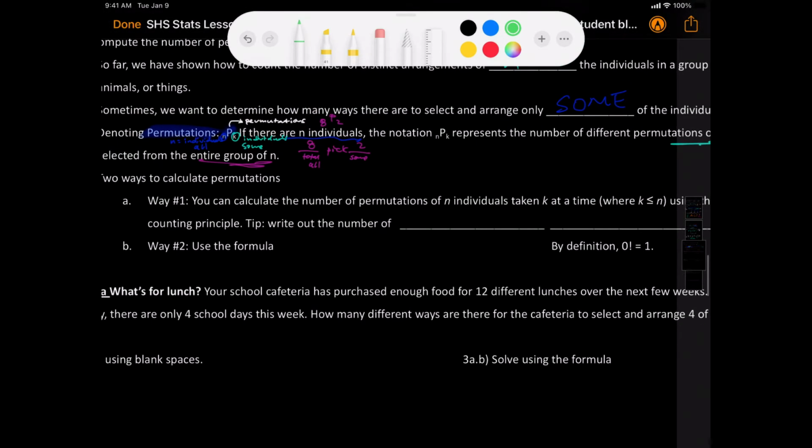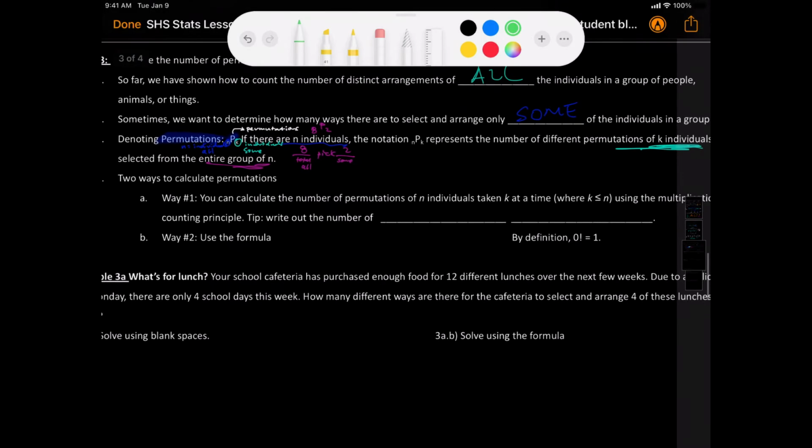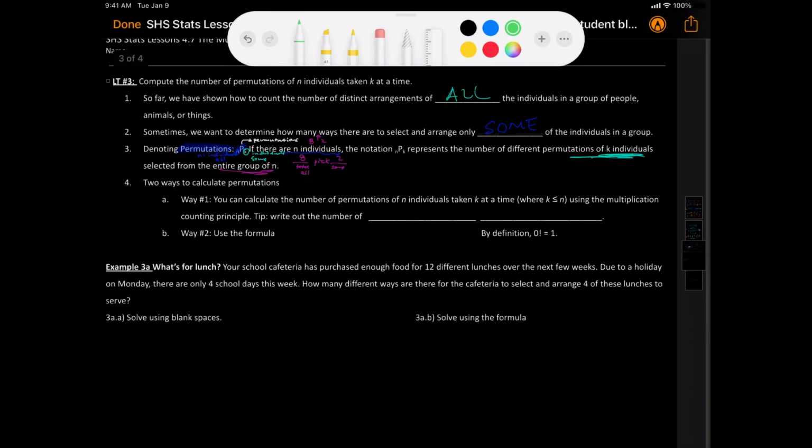Okay, there are 2 ways to calculate permutations. Way number 1 is you can calculate the number of permutations of n individuals taken k at a time using the multiplication principle. What did we use for that? Well, basically, my tip was to write out what? Blank spaces. So that is one way. Way number 2 is to use this formula.